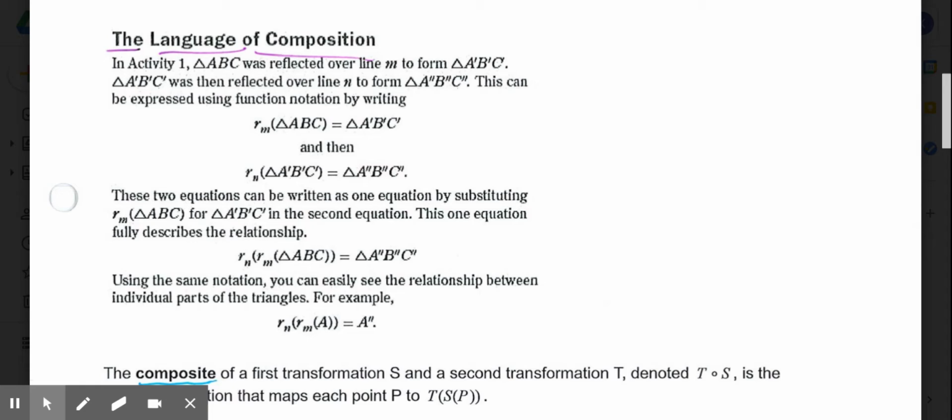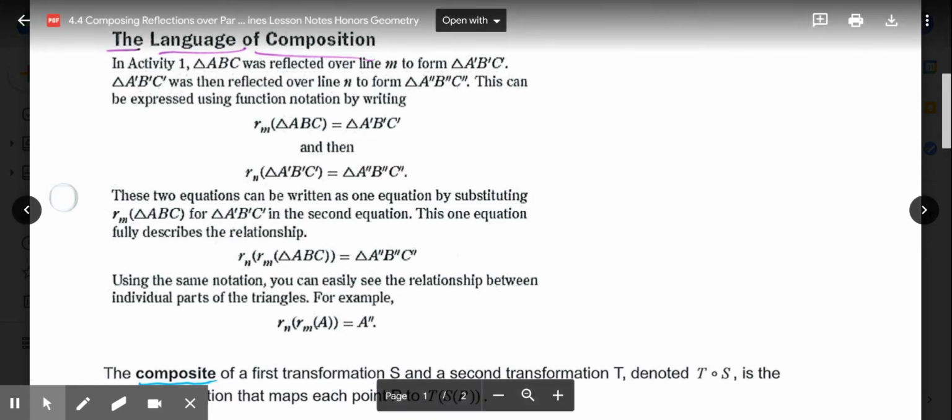This can be expressed using function notation by writing the following. So if we wanted to start off with that first part of ABC reflected over line M to form the image triangle A prime, B prime, C prime, it's written this way.